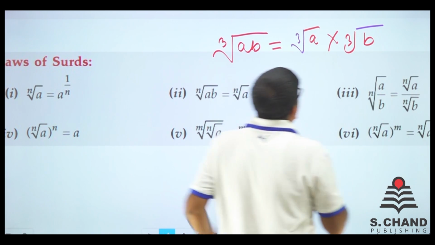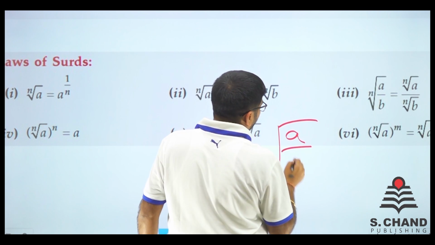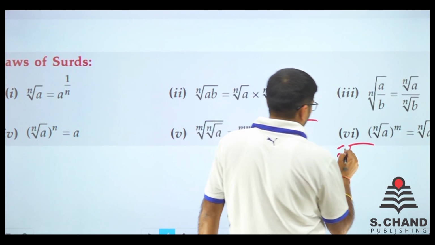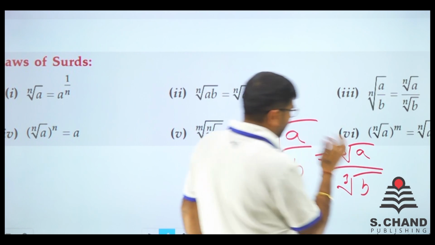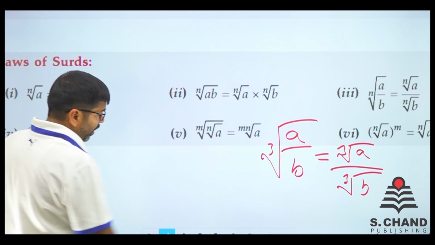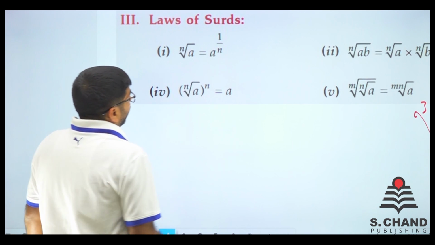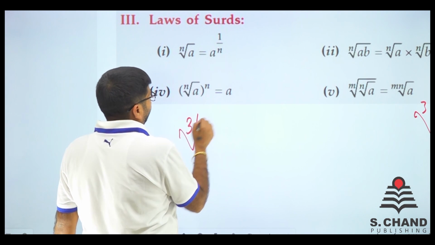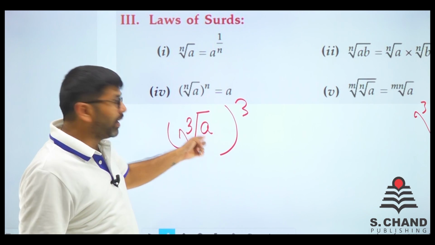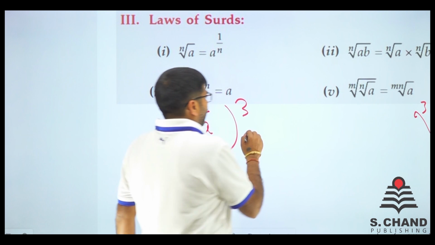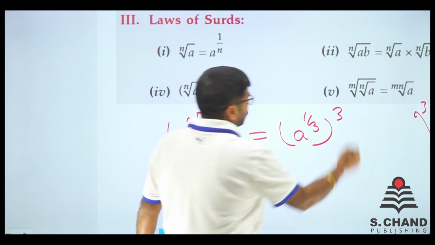Similar manner, if it is like cube root of a by b, that means cube root of a divided by cube root of b. That is it, right? What is the next question? If it is like cube root of a and there is cube, so if you remember this cube root can be written as 1 by 3 and there is this 3.